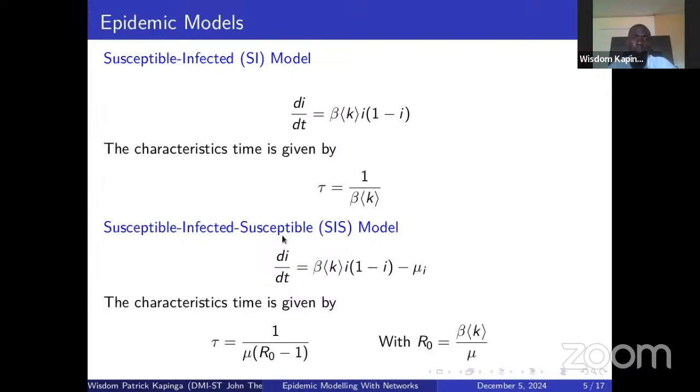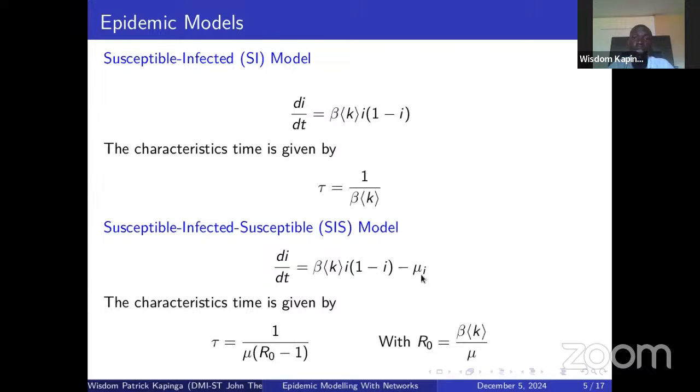And now, if we quickly look at the SIS model, we are looking at what we have in the beginning here as the same as what we have in the SIS model. But we are now including another component, which is the mu I, where mu we refer to as the recovery rate, the rate at which people are recovering from the disease.